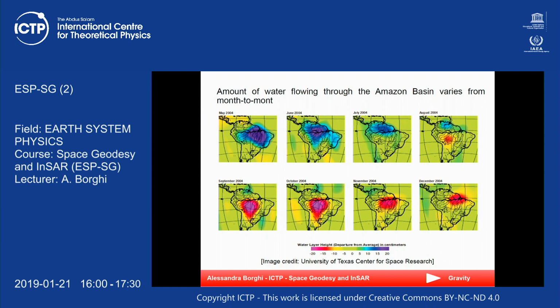I did some work and some comparison with GPS and GRACE predictions. Of course, GRACE gives us information on the gravity. This information is translated into water layer height, or uplift, it depends on the sign, of course. When you do this, you need to know something about the elastic, for instance, or viscoelastic response of the Earth's crust.